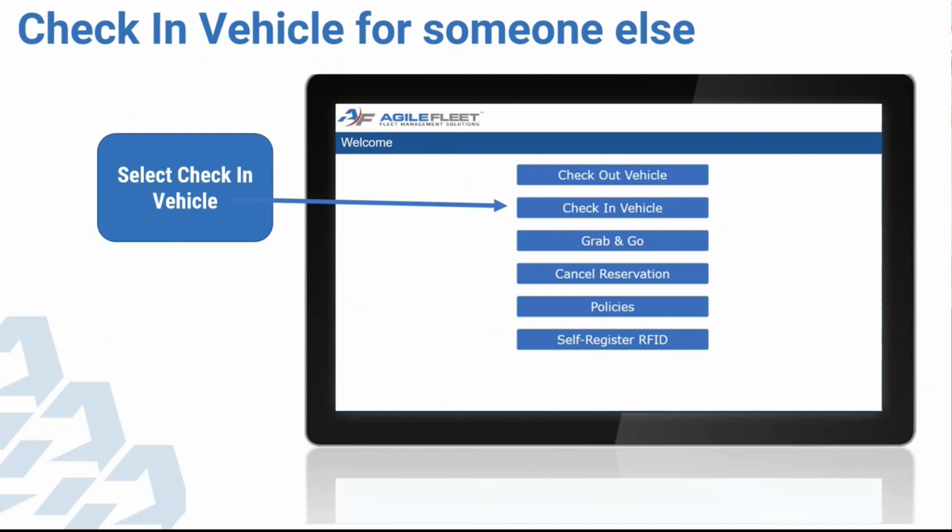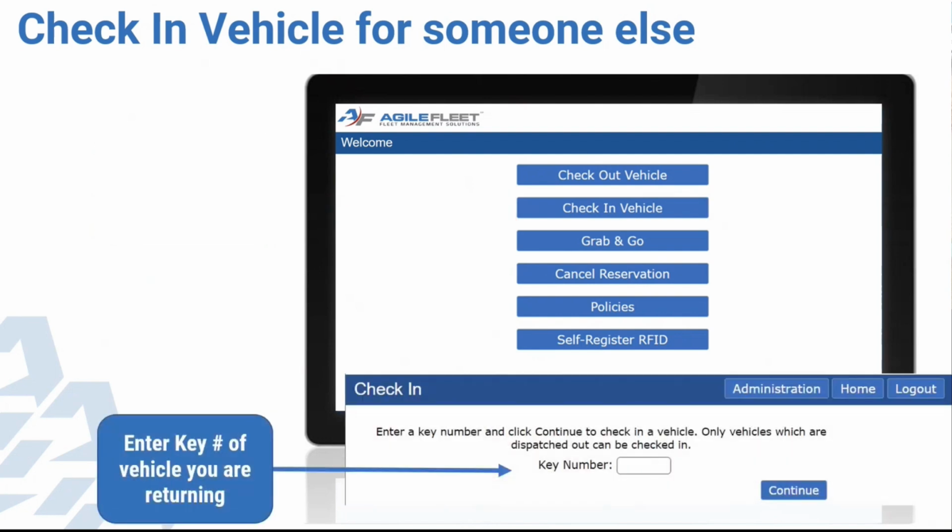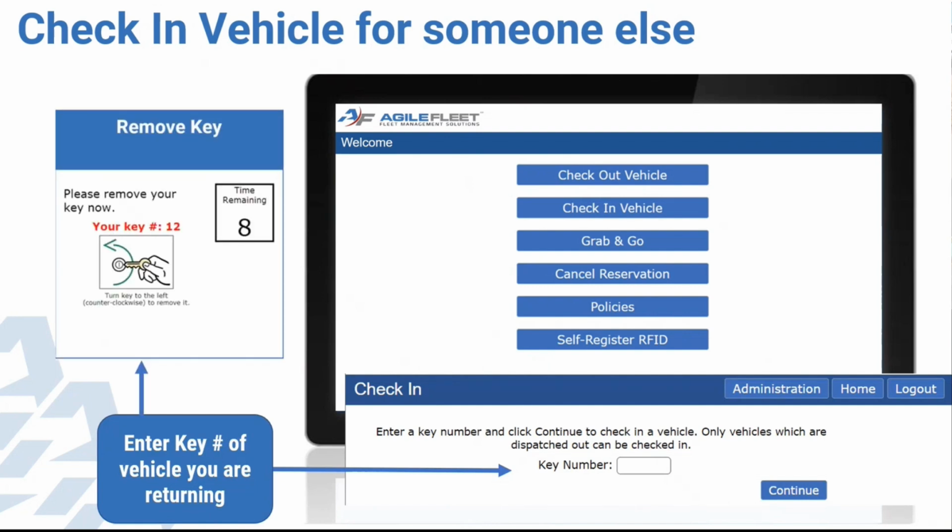You also have the ability to check in a vehicle for someone else, and doing that makes use of the key number that is attached to the key within the system. When they click check in, they'll be presented with this screen, and what is being asked for is the key number as was displayed during the checkout process. In this case, it was key number 12.